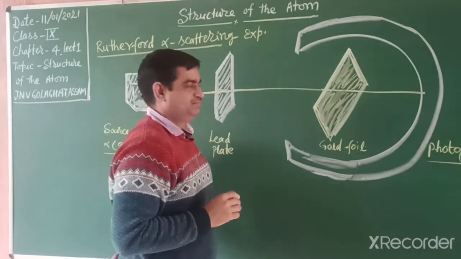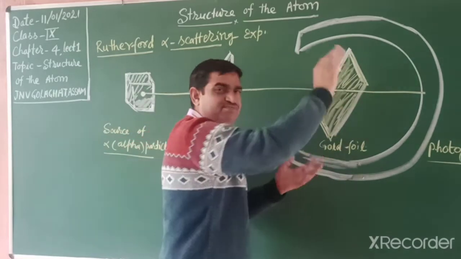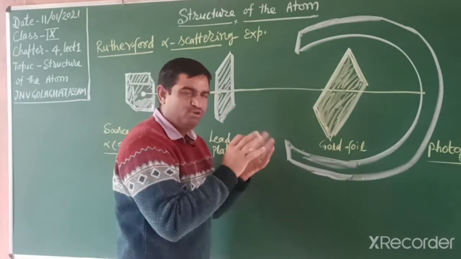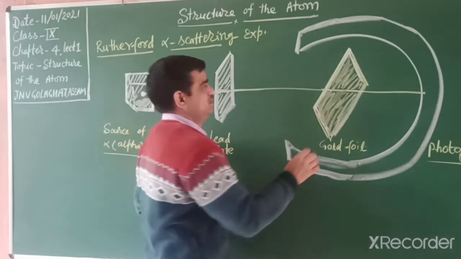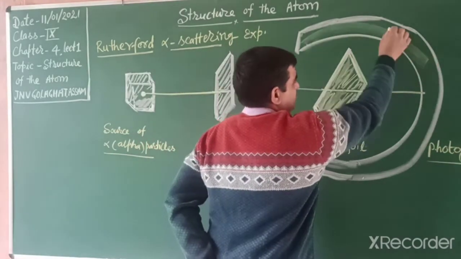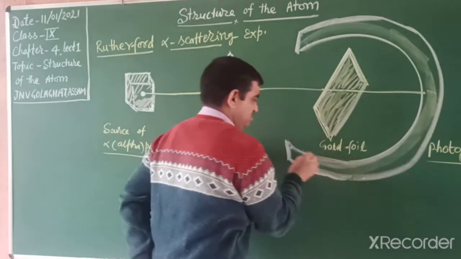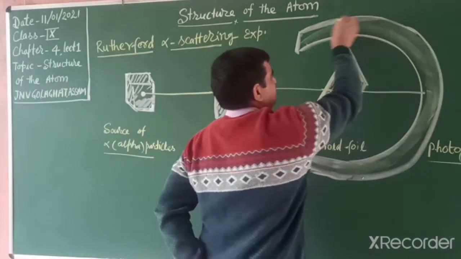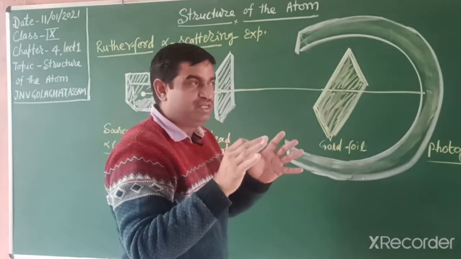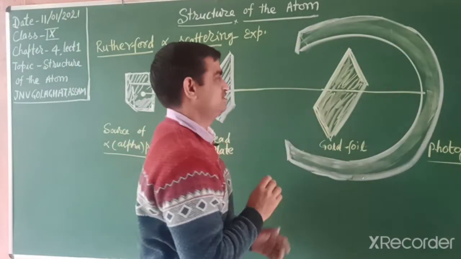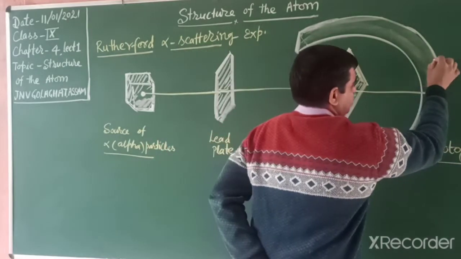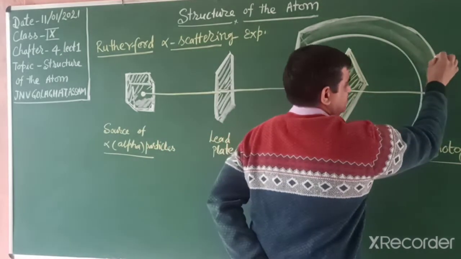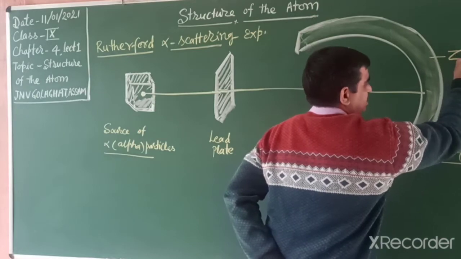He placed a photographic plate to observe the experiment. This photographic plate has a layer placed over it, like our TV screen or a film hall screen, and that chemical is zinc sulfide.